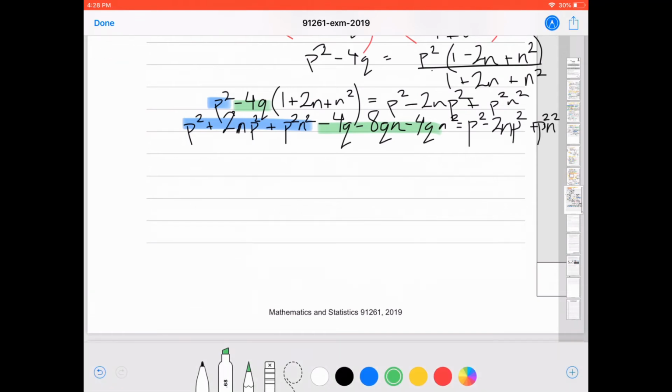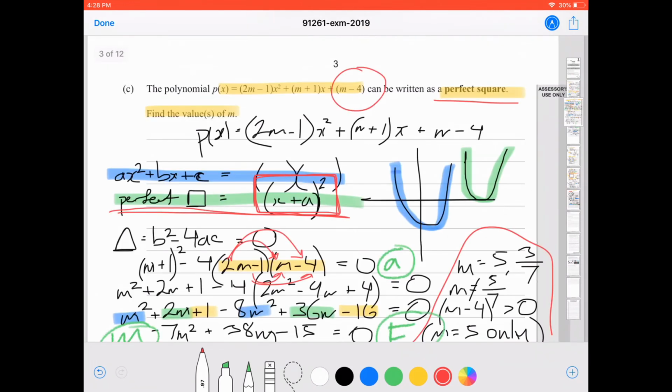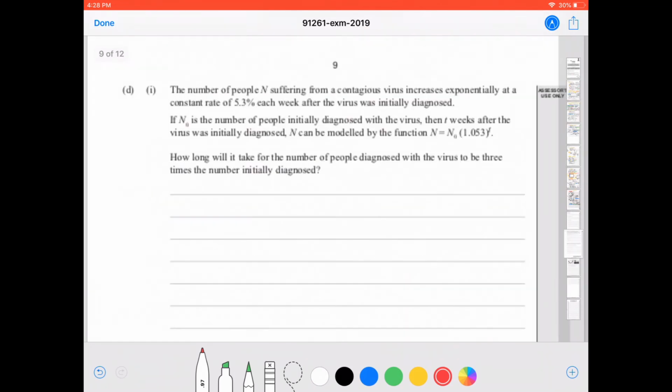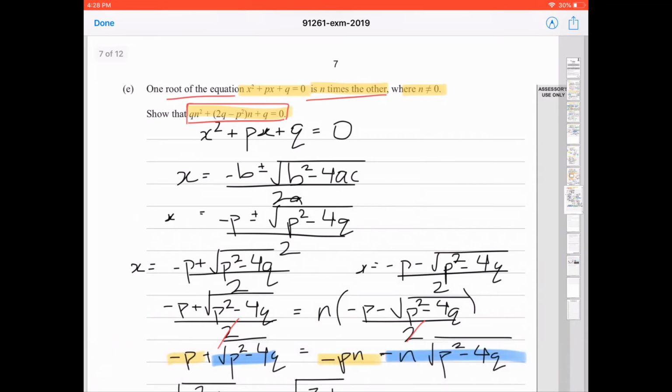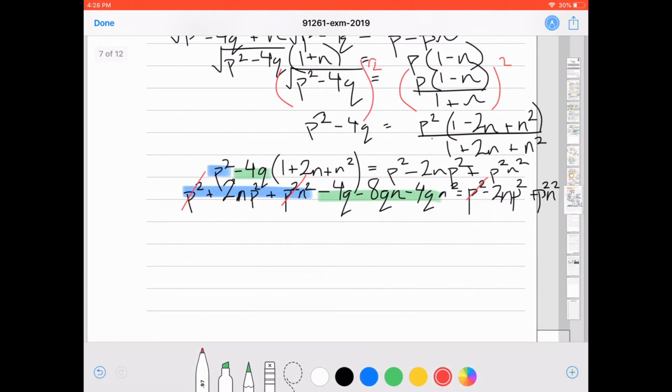As mentioned, there are some terms we can cancel. We can cancel the p squared n squared. So the p squared n squared goes, and anything else? The 2np squareds are like terms.